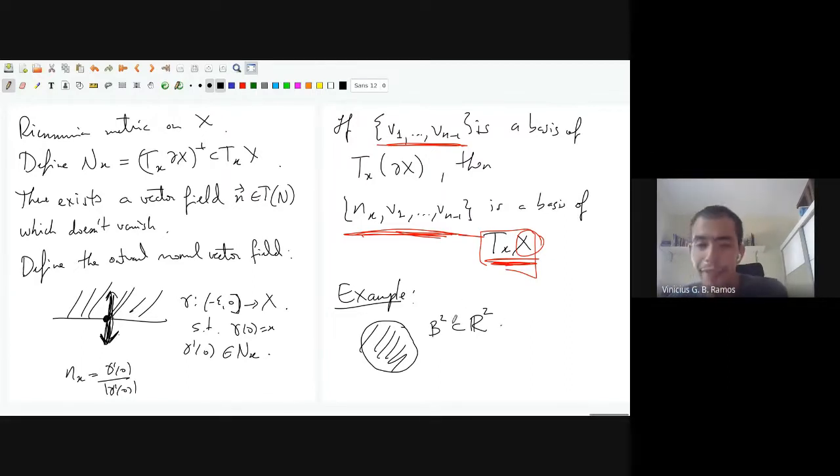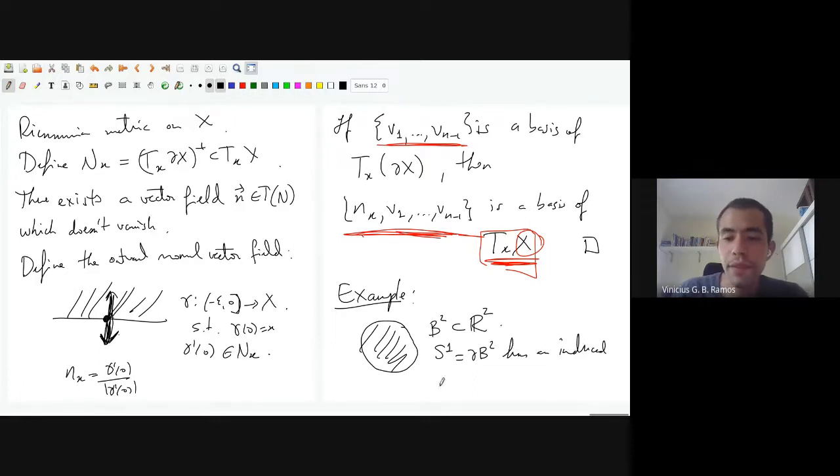The interior is an open set, so clearly the tangent space here has a natural orientation, which is naturally identified with R2, and you pick the Euclidean basis. So using this construction, I guess this is the end of the proof. Using this construction, then S1, which is the boundary of B2, has an induced orientation.